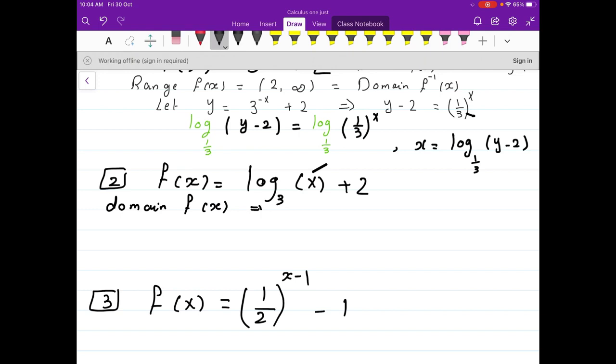So the domain of f of x is from 0 to infinity, and this domain will be the range of f inverse.